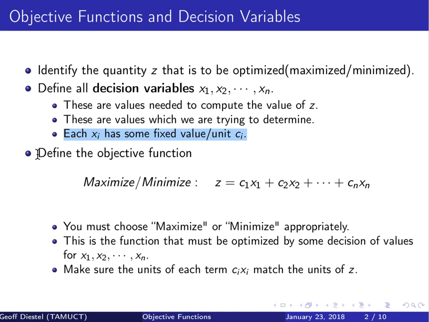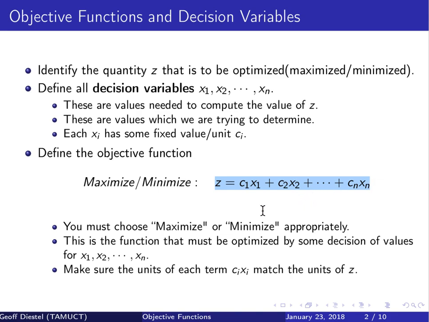So to define the objective function, we just decide whether we have to maximize or minimize. Once we make that decision, we write down how the value of z is computed in terms of the values of the decision variables and the values of their corresponding value per unit. And it's always going to look something like this. Just the number of variables will change from problem to problem.